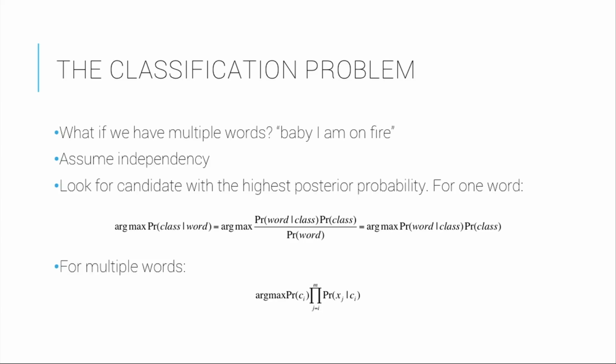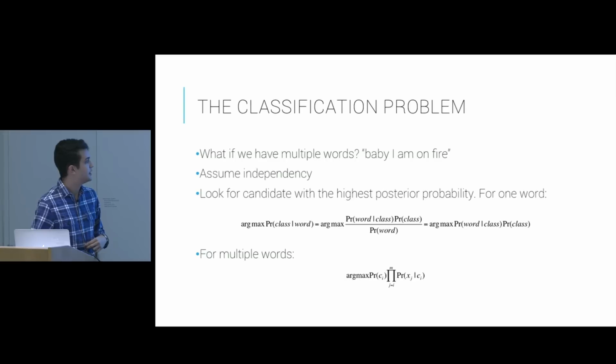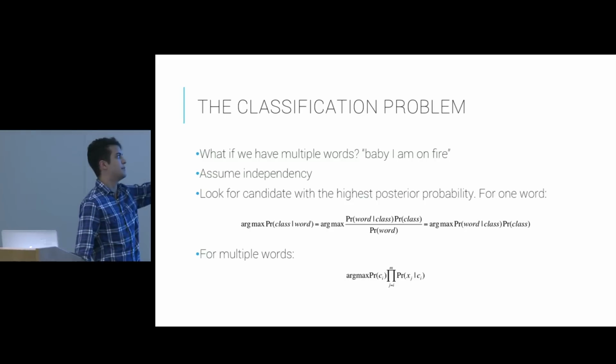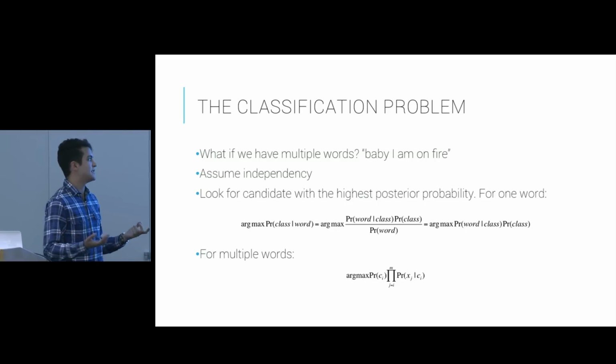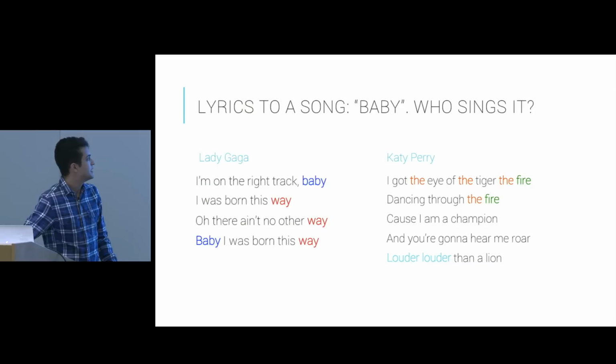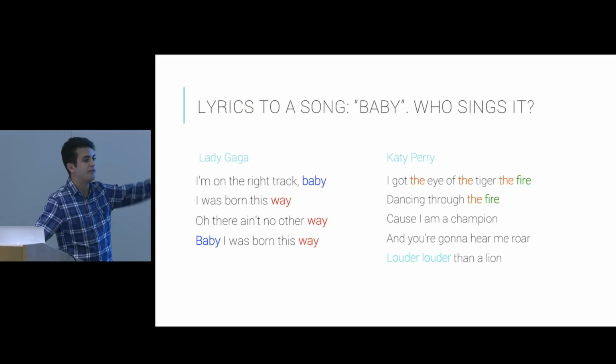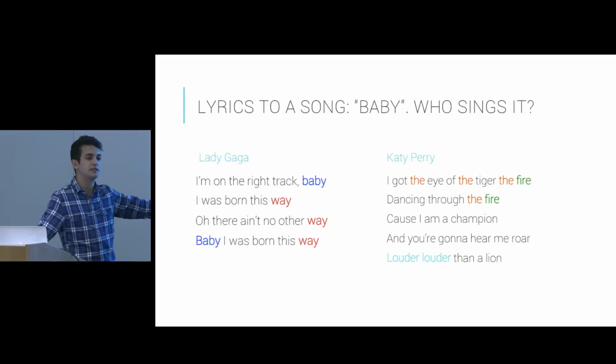Okay. If I want to make this more official, I can do a model for multiple words. Let's say that I have something like "baby, I am on fire." So it has multiple words. In this case, you can see that baby is in Gaga but not in Katy, and fire is in Katy but not in Gaga, right?